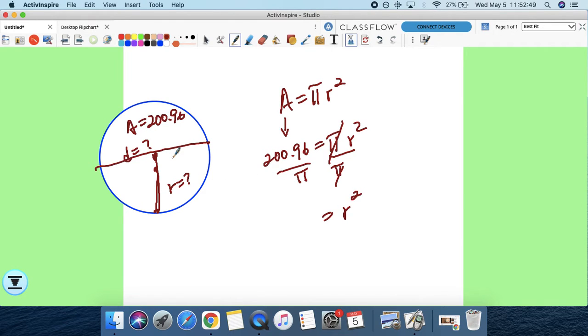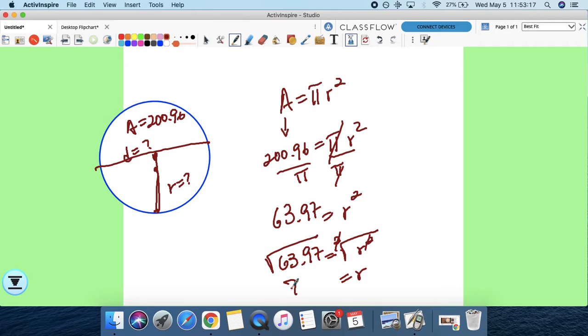So 200.96 divided by pi is 63.97. Take the square root. So R, if you take the square root of 63.97, you get 7.998, or radius equals 8. So if the radius is 8, how much is the diameter? Is it double? So the diameter is 16.